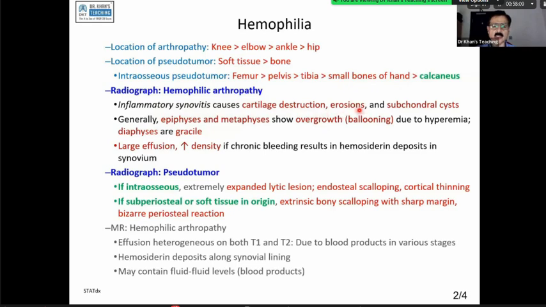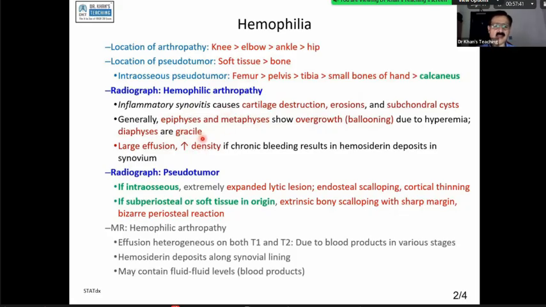Number two, erosion, so secondary OA type changes, subchondral cyst. Then there can be overgrowth or ballooning of the epiphysis and metaphysis due to hyperemia, and the diaphyses are gracile. If there is large, repeated effusion, because of hemosiderin there can be increased density. So this makes the radiology.